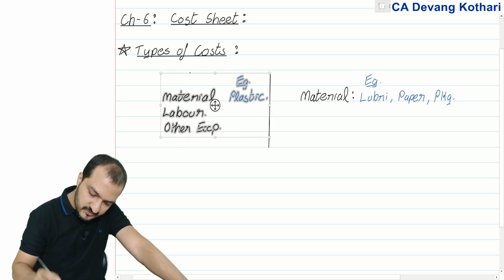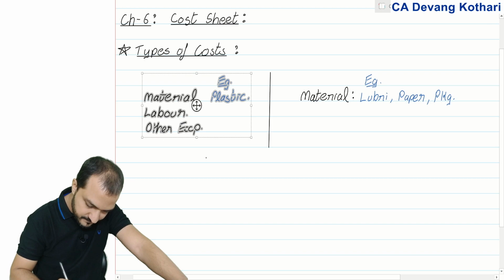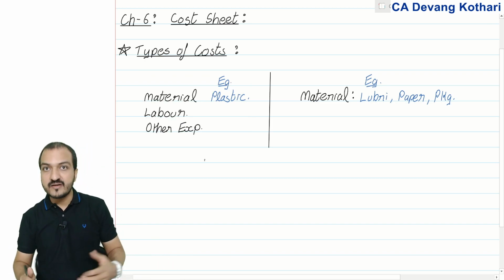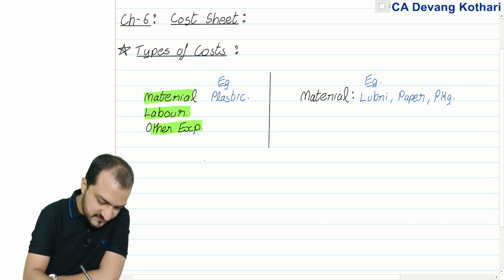Yes. So the difference here is direct material, indirect material. First I classify all my items of cost as material, labor, and other expenses.